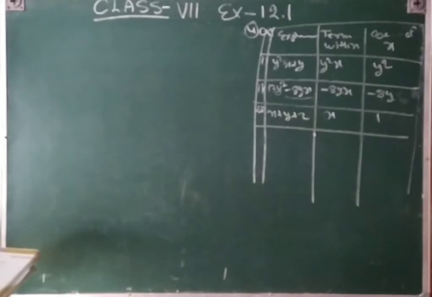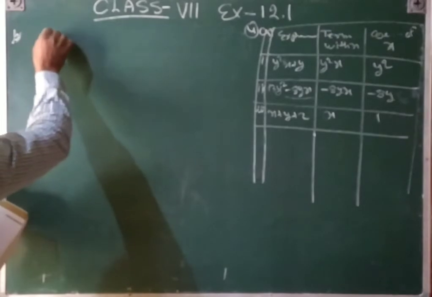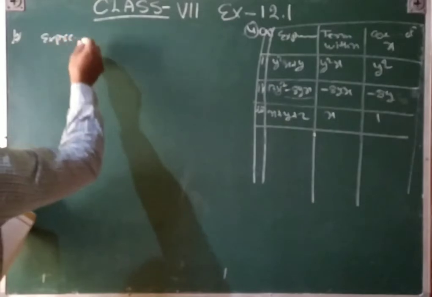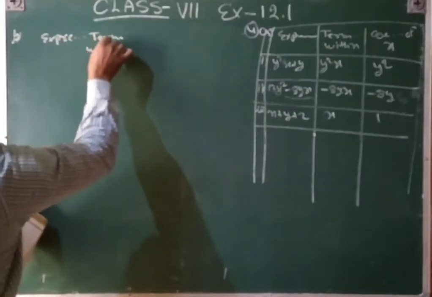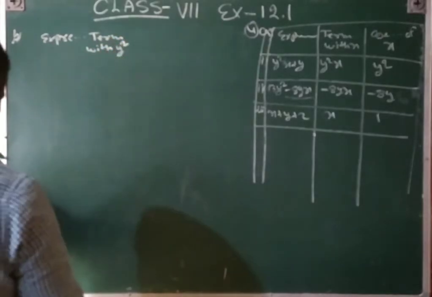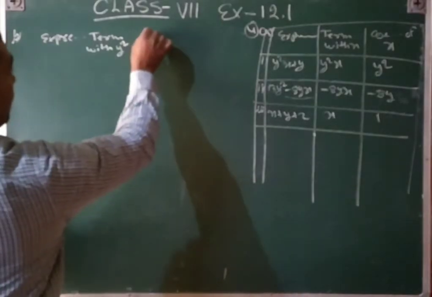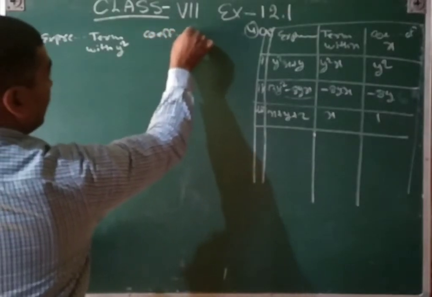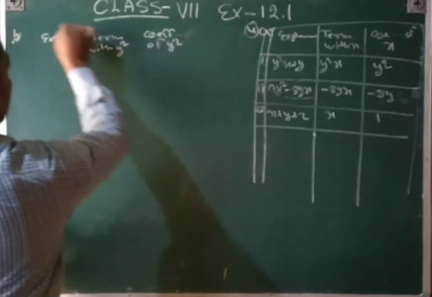So for the B part you will write expressions and then term with y square. Here y is given, so we will write here y square, and then coefficient of y square.